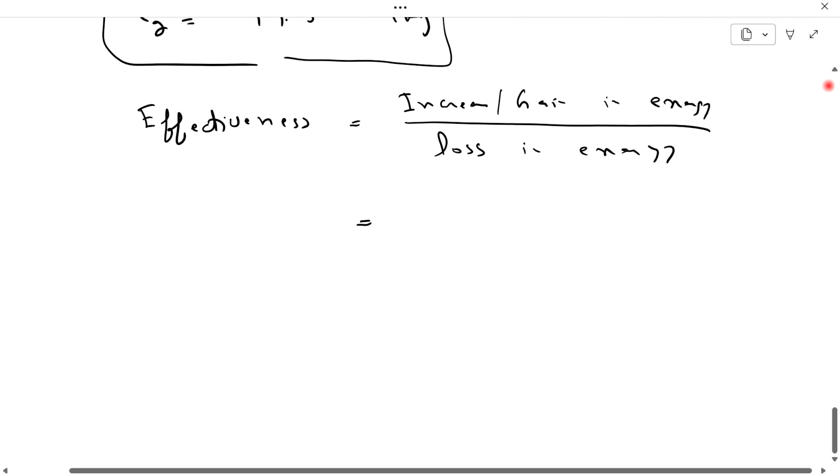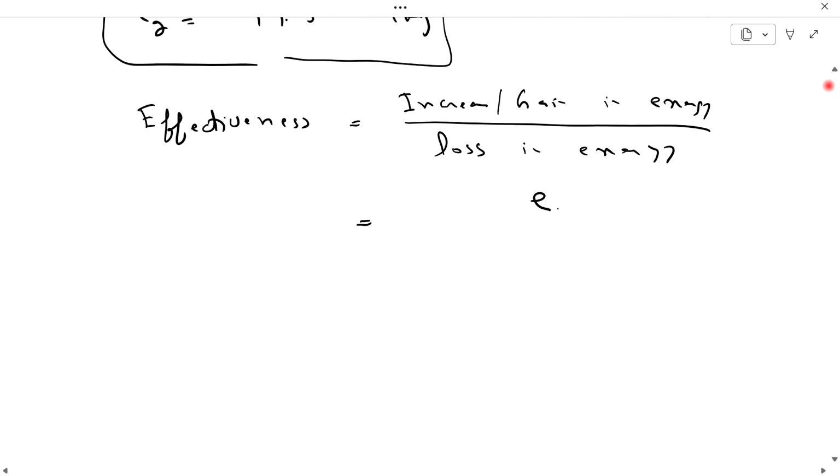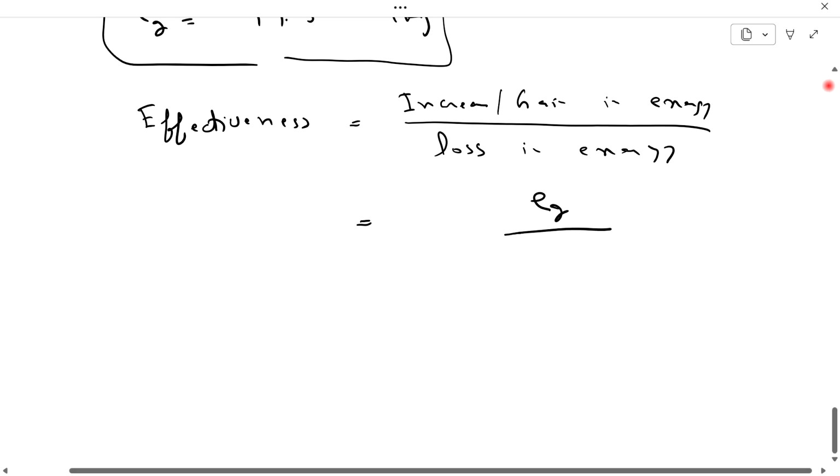The increase in exergy is denoted by E2 and the loss is denoted by E1. But mass is given to us.